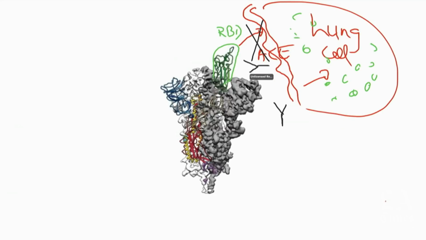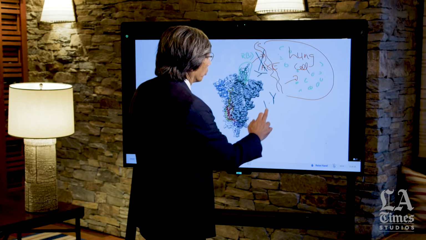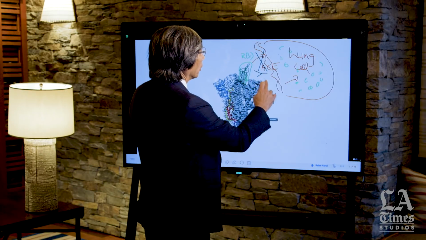And that's what we have as monoclonal antibodies. That's in your body as a convalescent serum if you had a previous infection. That is the vaccine that we're trying to generate, what we call anti-spike vaccines, the Moderna vaccine, the Pfizer vaccine, the Johnson & Johnson vaccine, whose goal is to generate these antibodies to block it.